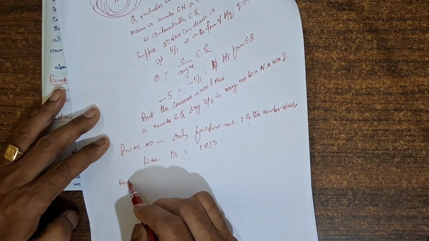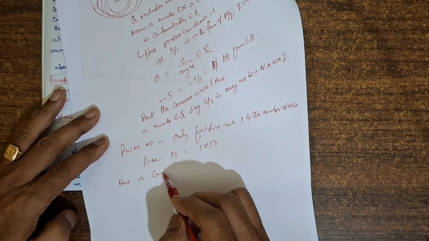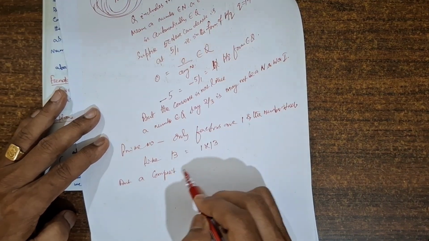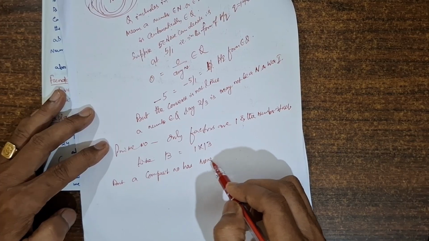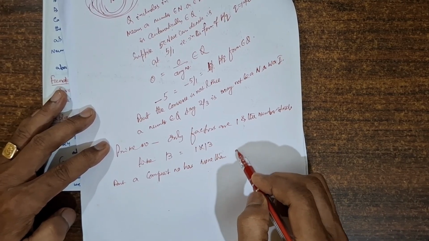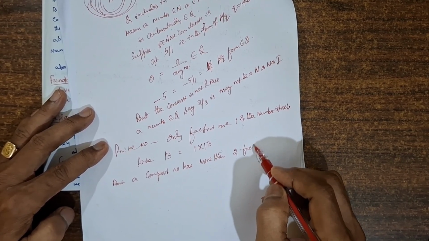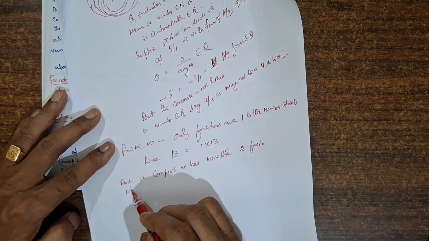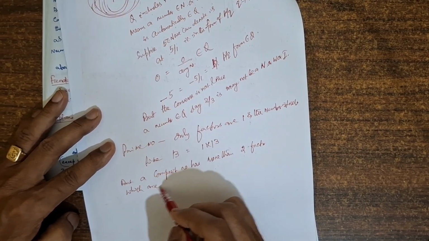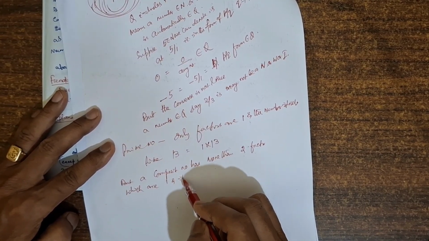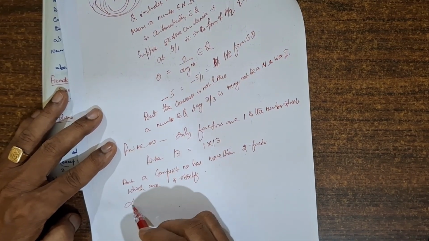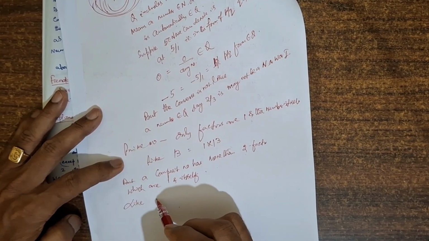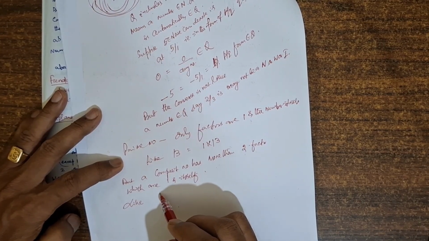But a composite number has more than 2 factors, not only 1 and itself, like 6.